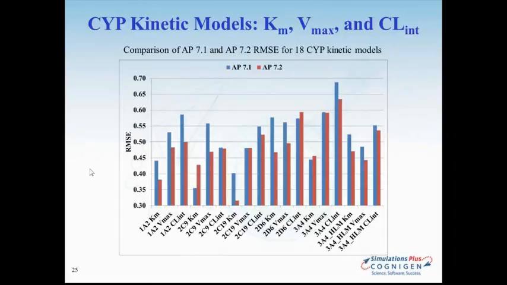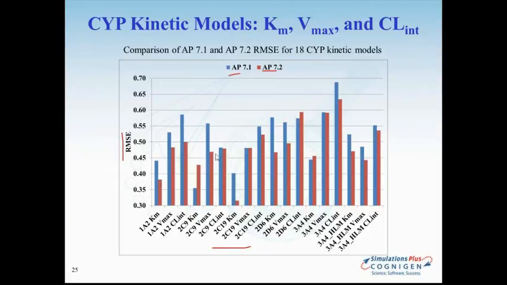Okay, so now switching gears and just showing the CYP kinetic model. All these models were rebuilt in ADMET Predictor 7.2, and what I'm plotting is the root mean square error for each one of the 18 models. Blue is ADMET Predictor 7.1 and red is 7.2.